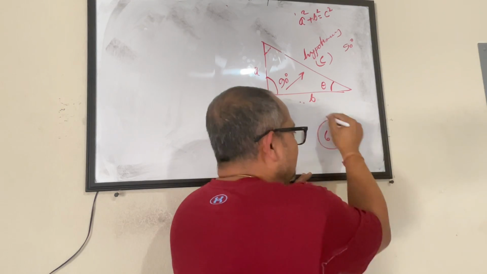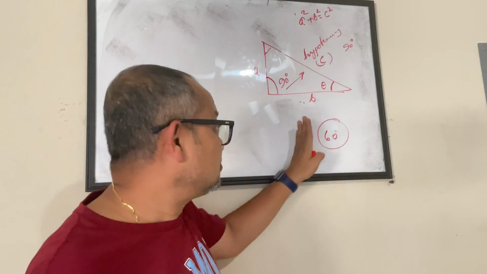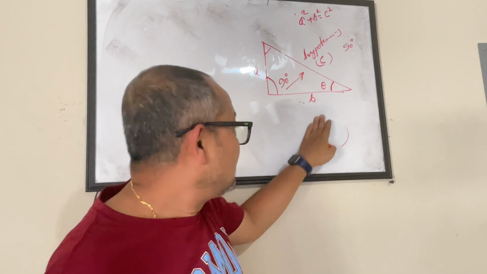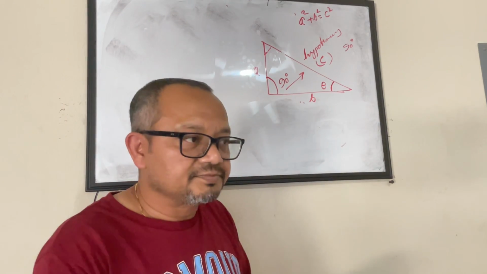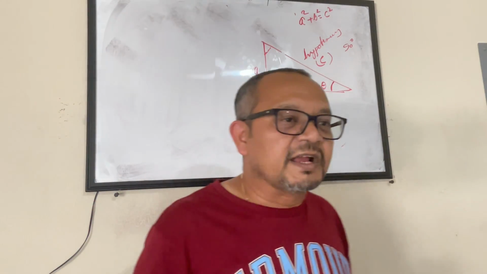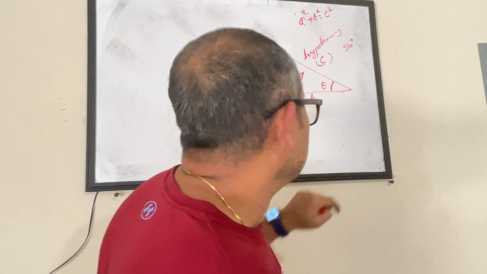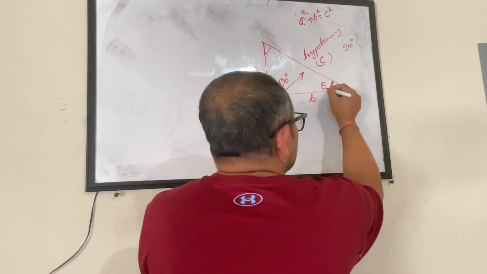I will just start with 60. This is not a variable, this is a known number. So I will always use a variable, which will be an alphabet, for assigning some value to things which are not known to us. So let's say this is my angle, theta.